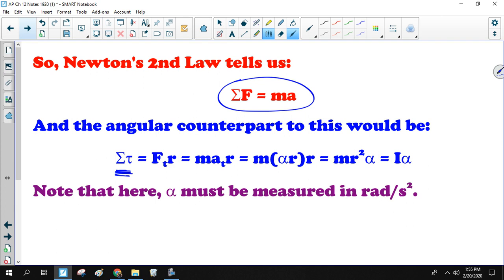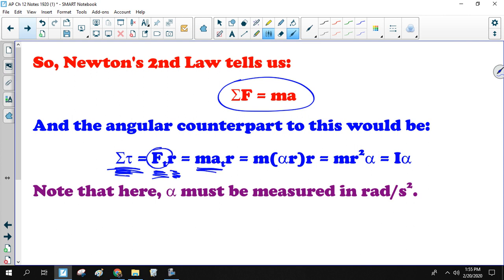But anyway, the idea is your net torque is equal to the magnitude of your force multiplied by the length of your lever arm, right? So we previously would have used d there, and then you need to make sure that your force is perpendicular to your radius. So that's what all this notation means, right? Okay. So force is mass times acceleration, right?